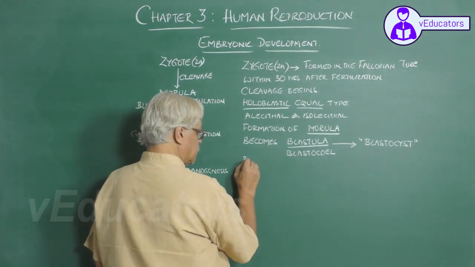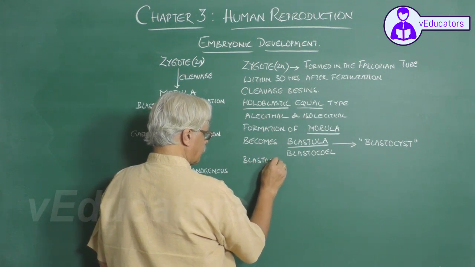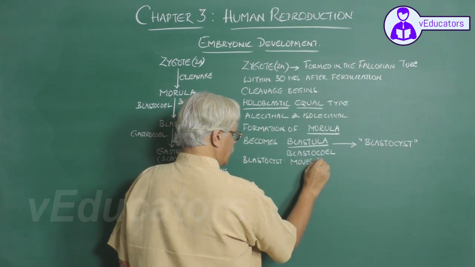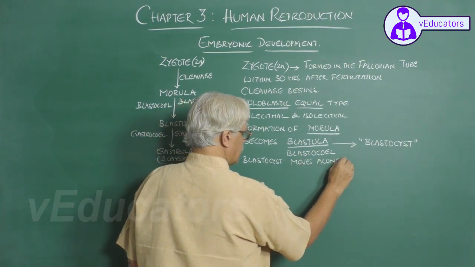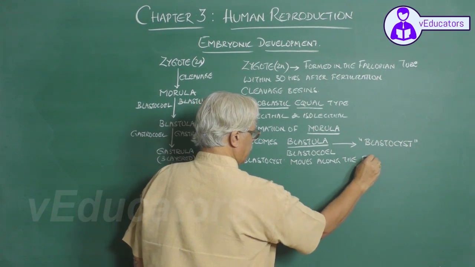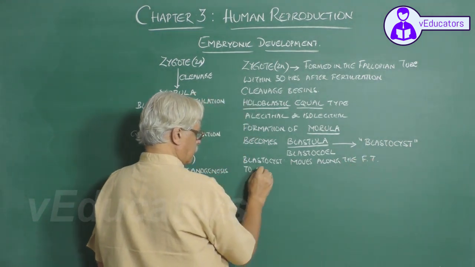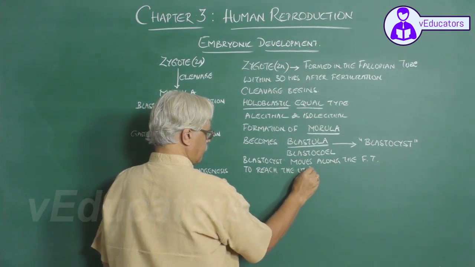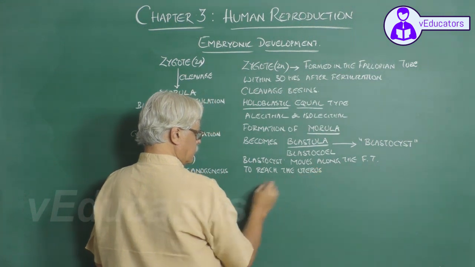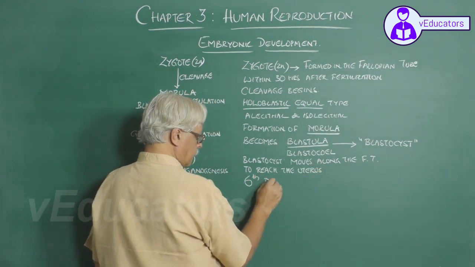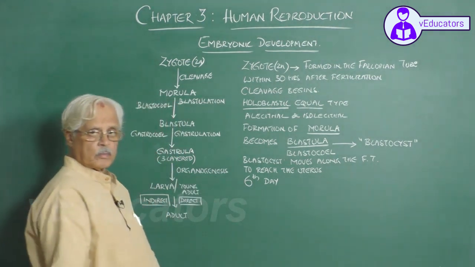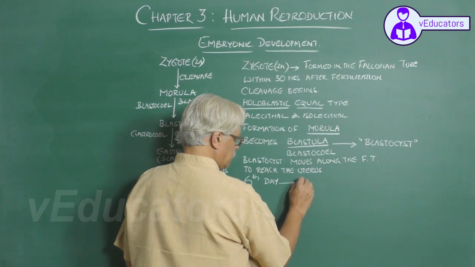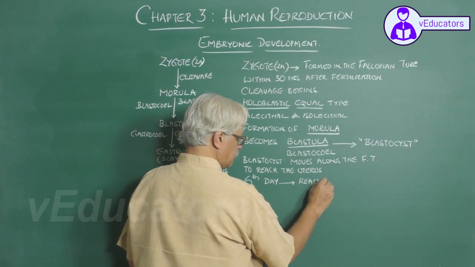So the blastocyst moves along the fallopian tube to reach the uterus. By about the sixth day, the blastocyst would have reached the uterus.